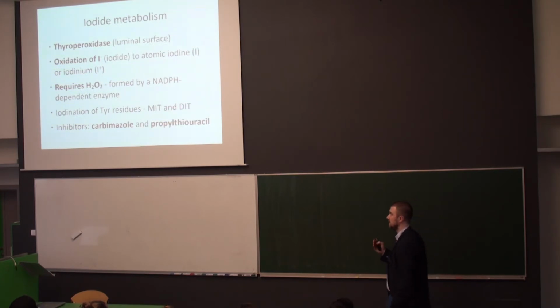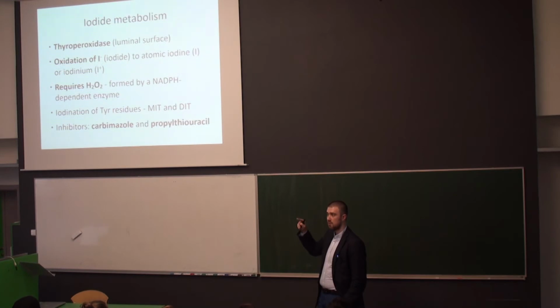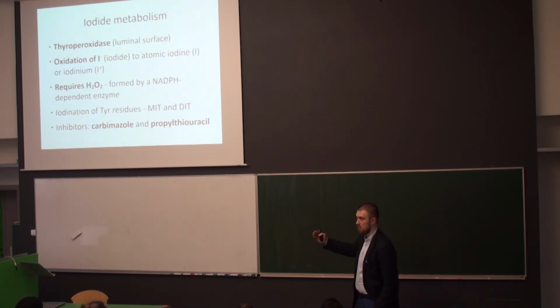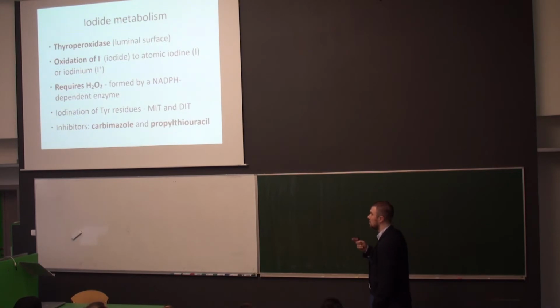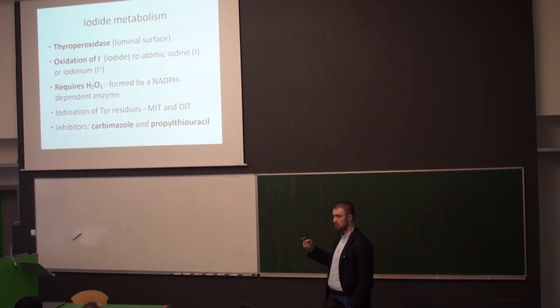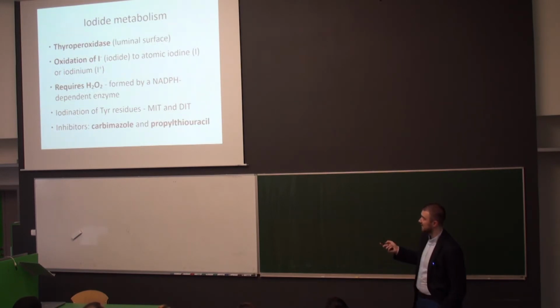So simply you can say that it's the oxidation of iodide, I minus, to some positive charge. And these forms can subsequently react with the tyrosine inside the molecule of thyroglobulin. It's called thyroperoxidase due to the fact that it needs hydrogen peroxide for the oxidation step.